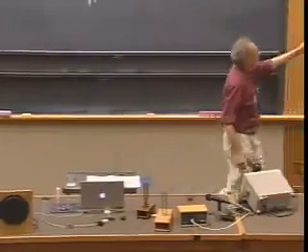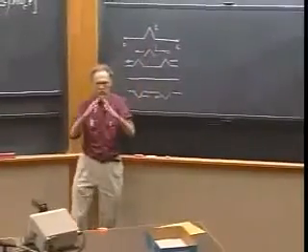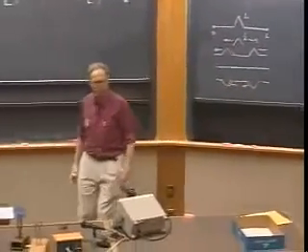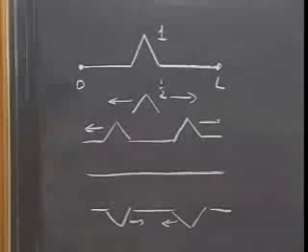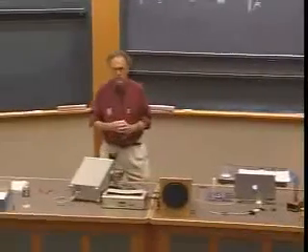I'm going to put a triangle first on a string. The width of the triangle is about 1/3 of the length. And then I will release it and let it go, and we will see the Fourier components.